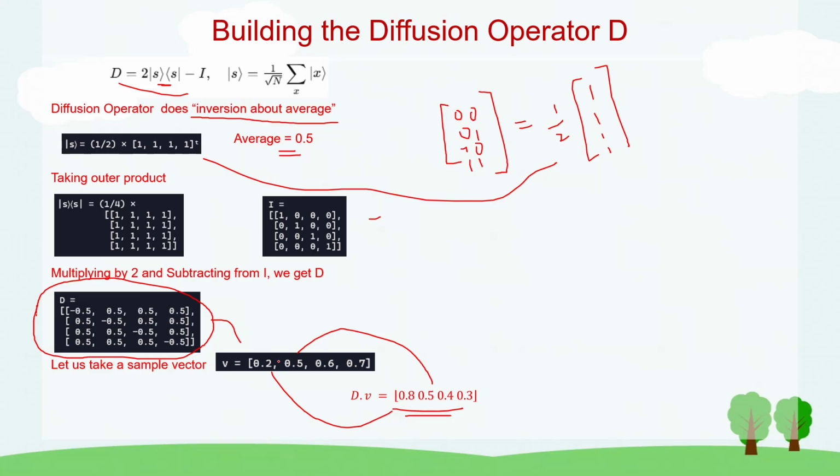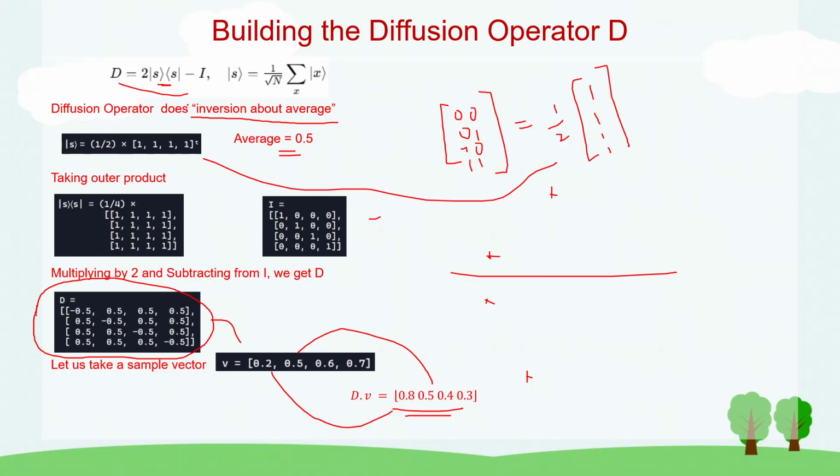Why? The difference of 0.3 will get added and you will get 0.8. Similarly, the values which are above 0.5 will become less, because that is how the inversion works. If it is here, it will go there, and if it is there, it will come here. So that is the reflection. Very nice mathematics. This is purely classical.